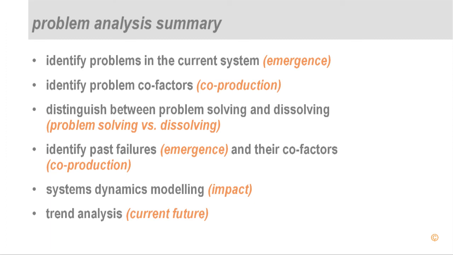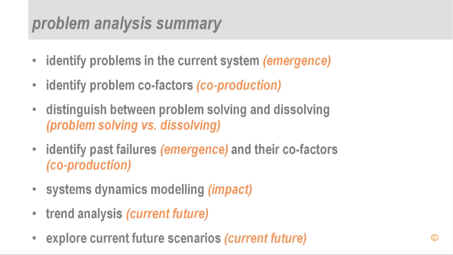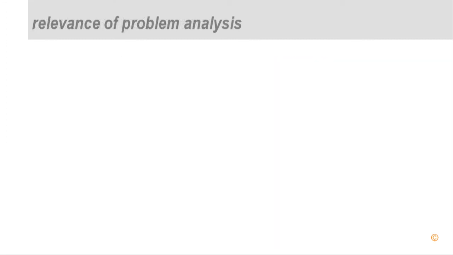Then you identified trends and extrapolated them into the current future, and also to explore current future scenarios. So again, this has to do with the current future and how it could possibly unfold in the worst case or the best case.